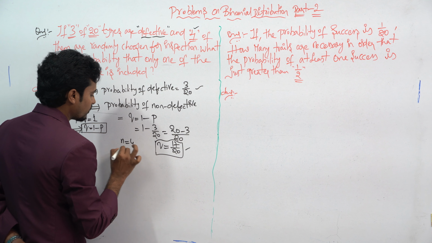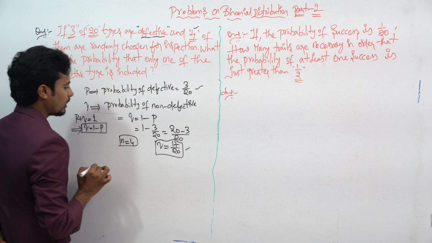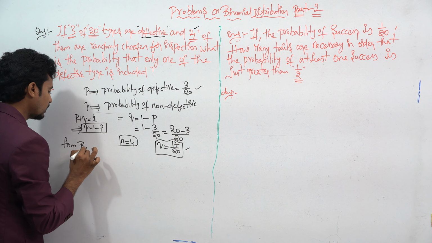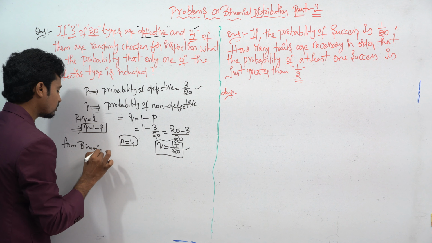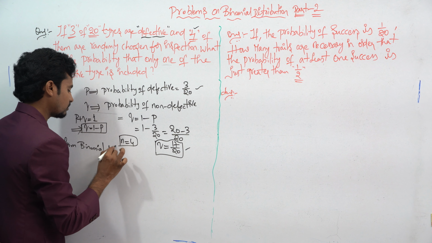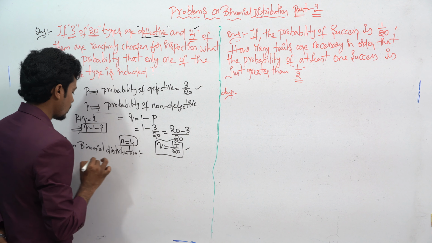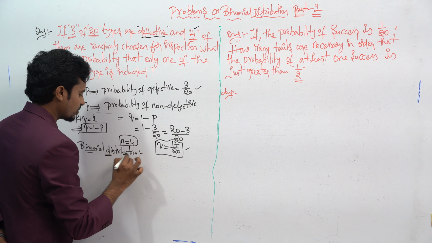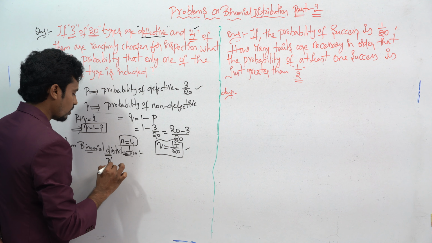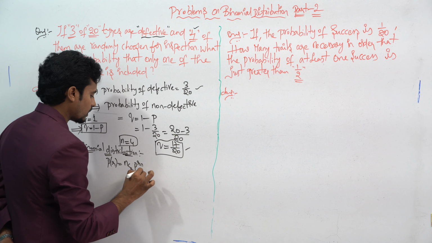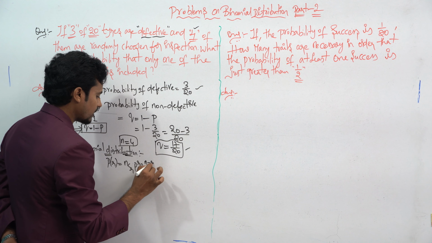So n will be 4. From the binomial distribution, what will be the formula? P of R is equal to nCr P to the power R, Q to the power n minus R.